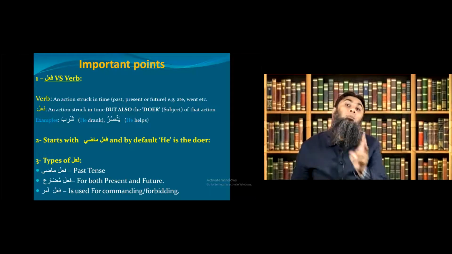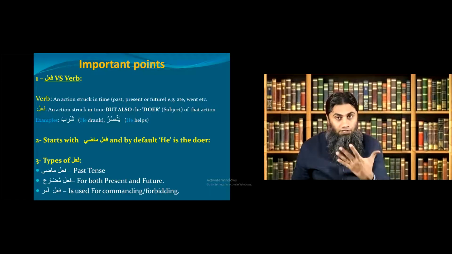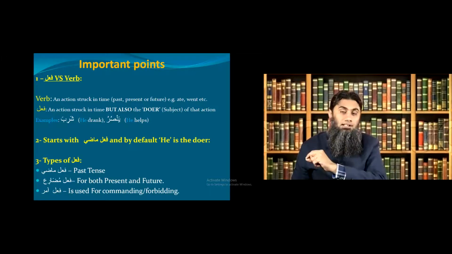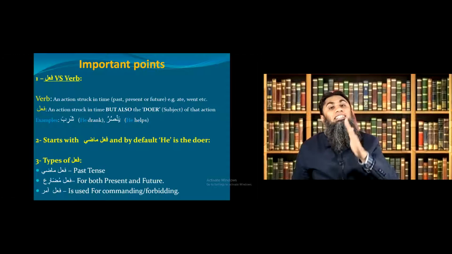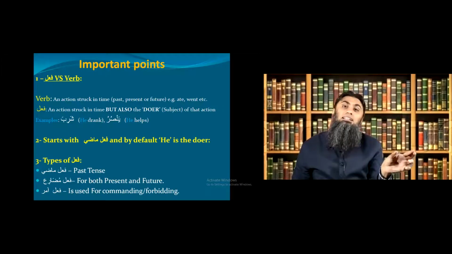In Arabic it's the opposite, which means when we normally pronounce a verb or a fail, we first say its past form and then the present form. For example, nasara, he helped, and then yansuru, he helps. So first madi and then present. Clear? And secondly, by default, he is the doer.